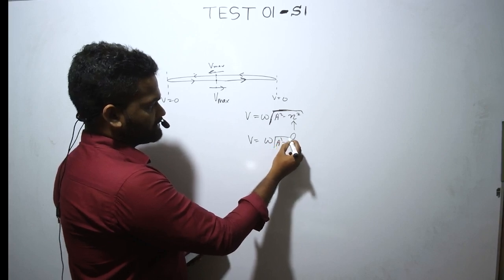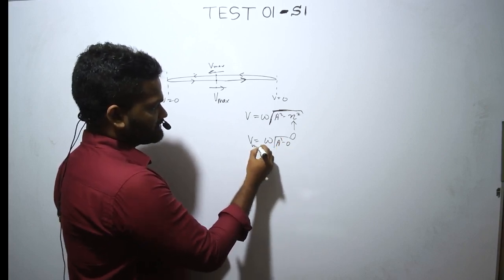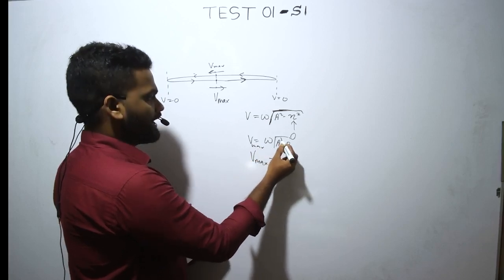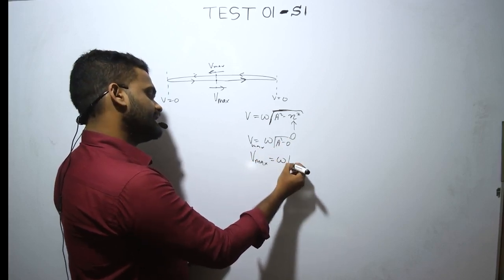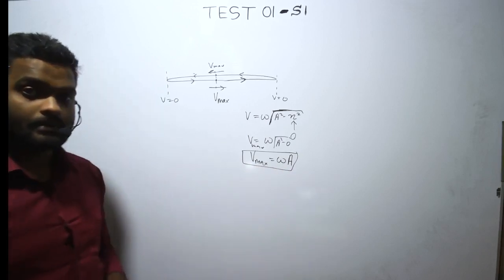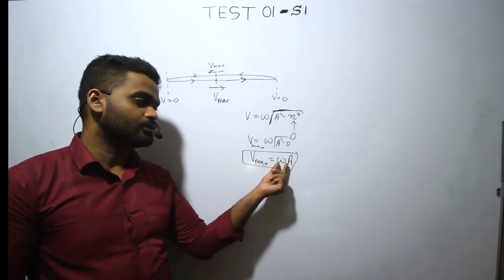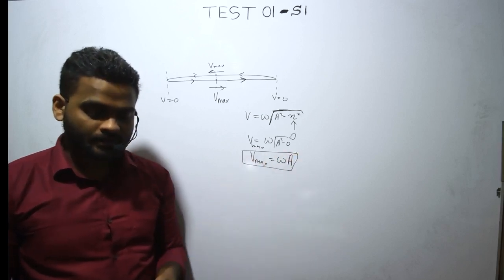A squared minus 0, so for maximum speed, V max, we have the square root, that is omega a. This equation also you need to remember. Maximum speed or velocity is equal to omega a, right?